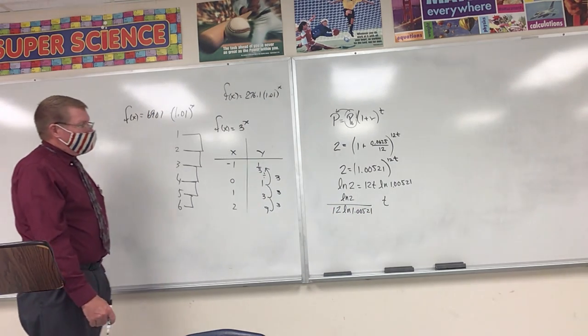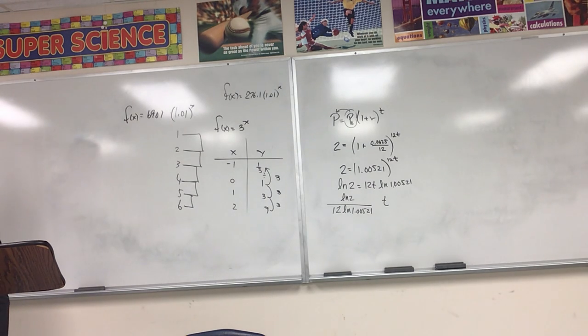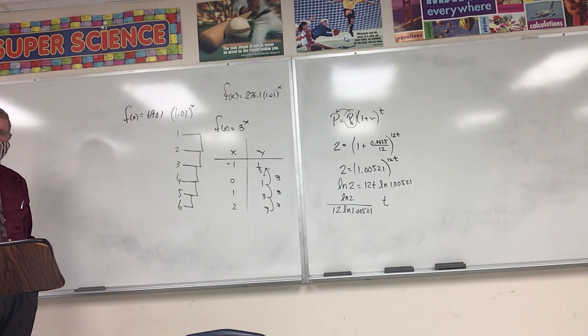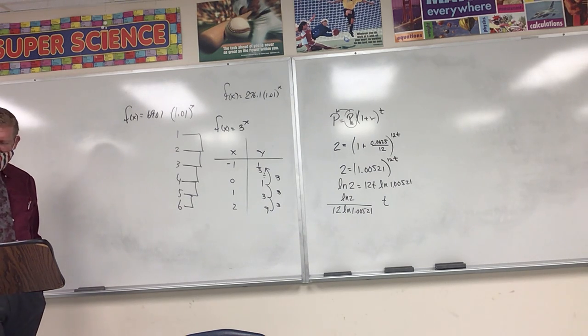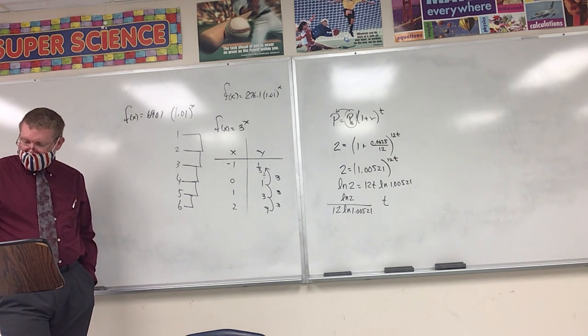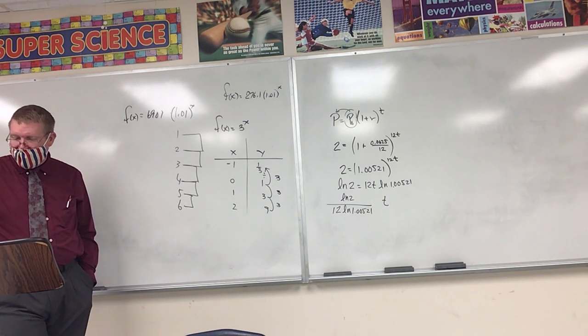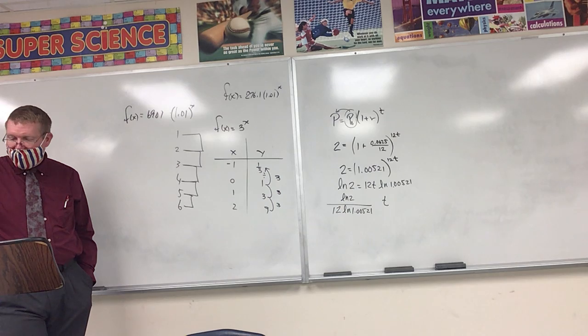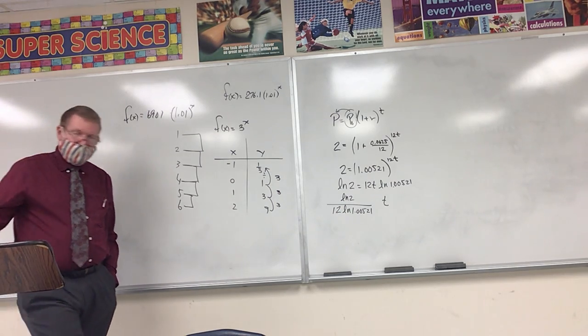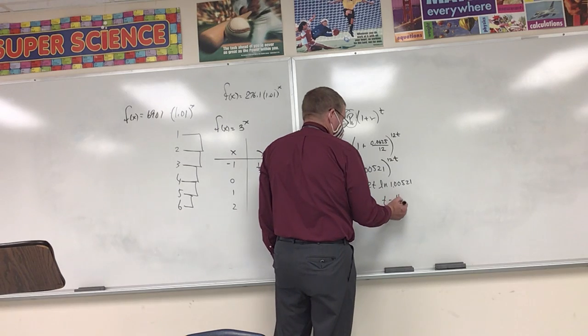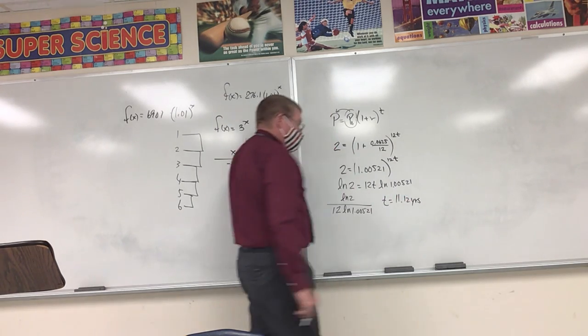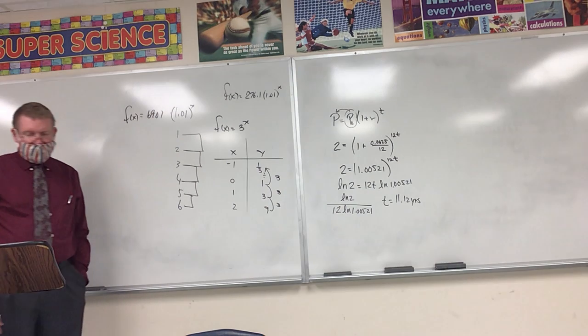So we got ln 2 over 12 ln 1.00521. What do we get? 11 years. 11.12 years. So 11.12 years. Okay?